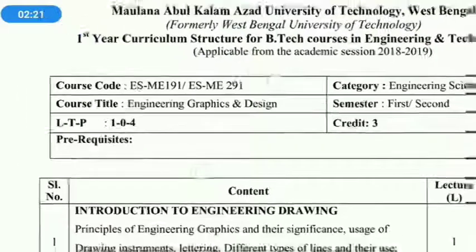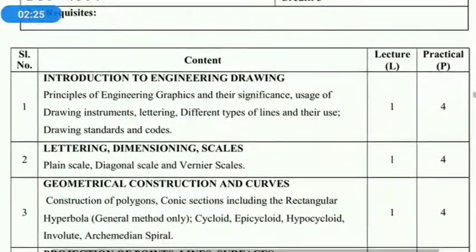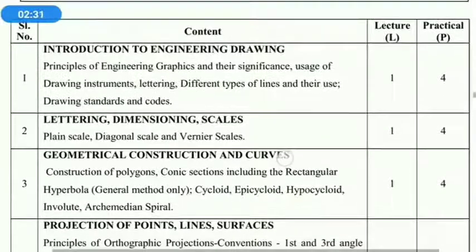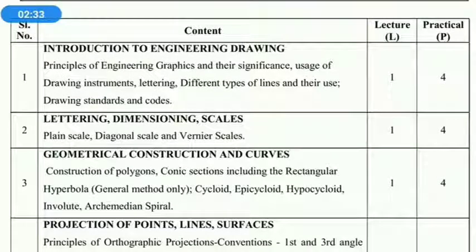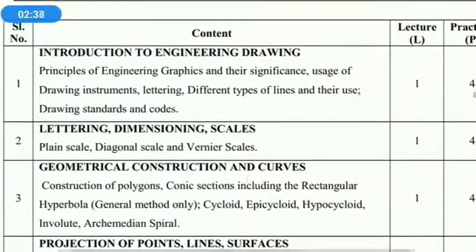Okay, now let us discuss the overall syllabus we are going to cover in this engineering drawing and design subject. In the first module, we have to learn introduction to engineering drawing.